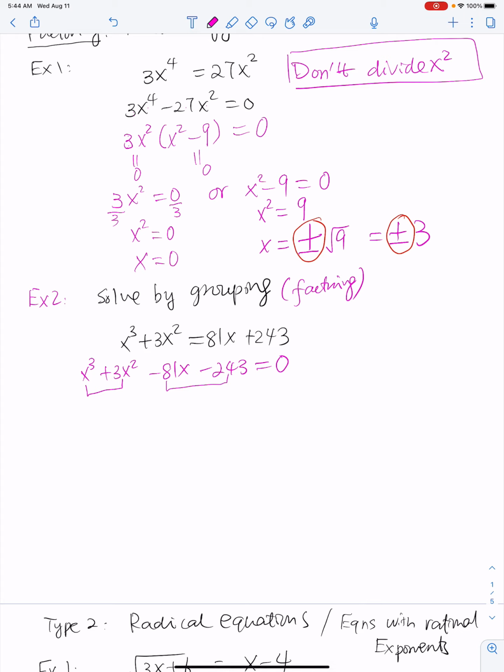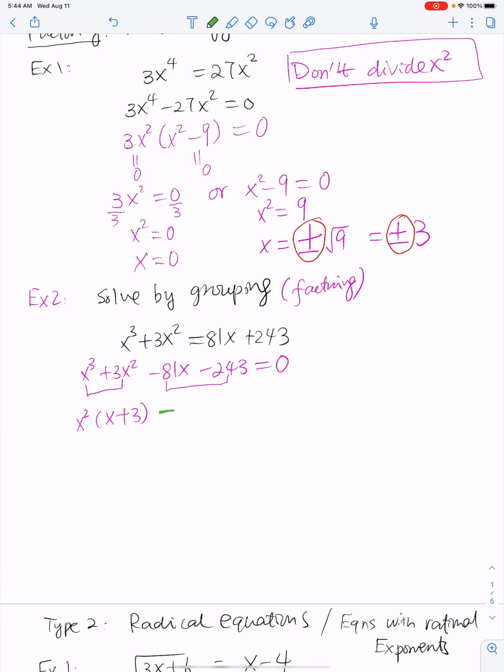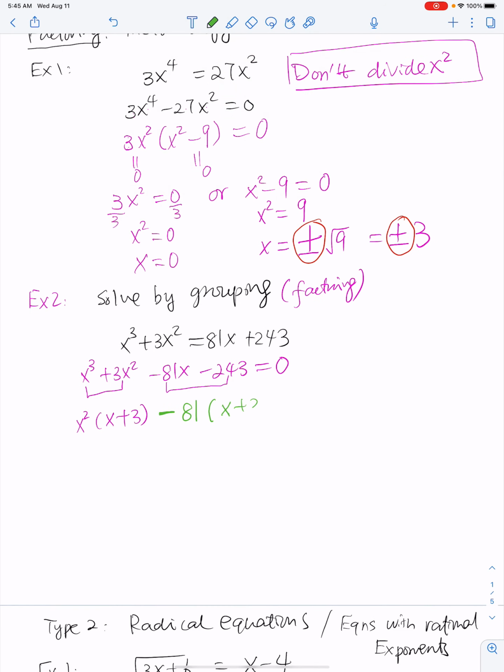What do you have in common in the first two terms? You have x squared, and x plus 3 left. What do you have in common here? Actually, you have a negative 81 in common, and then you have x plus 3.